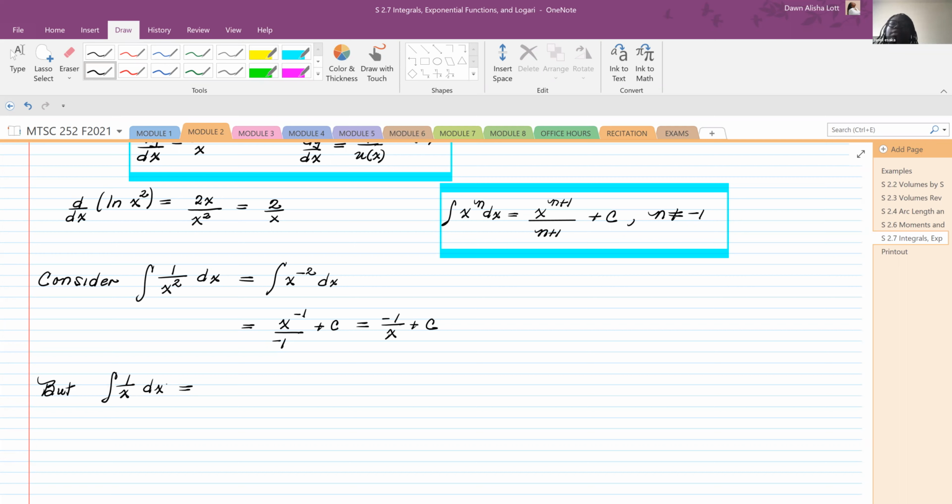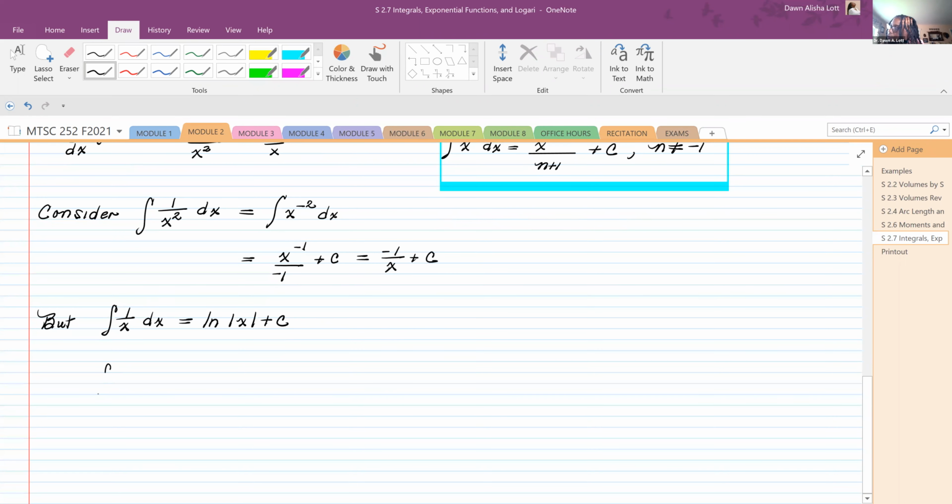Would it be ln of x? Good. It is the natural log of the absolute value of x plus the constant. Thank you. Okay. And what is the integral of du over u? Ln absolute value of u plus c.